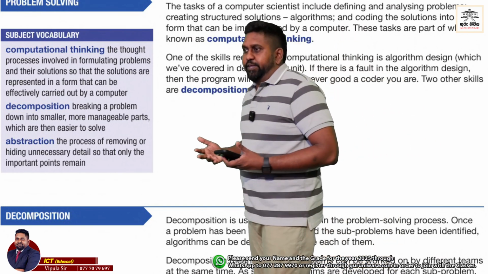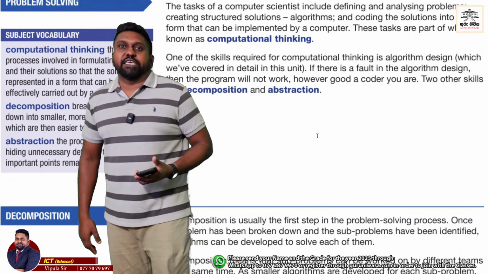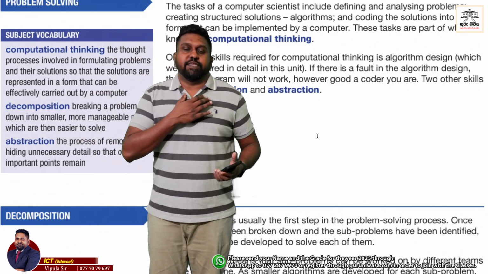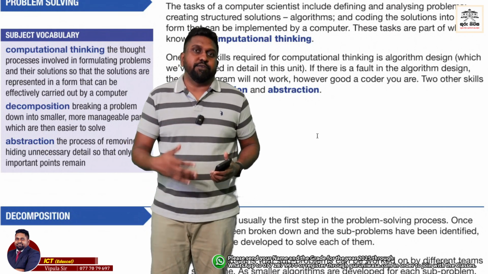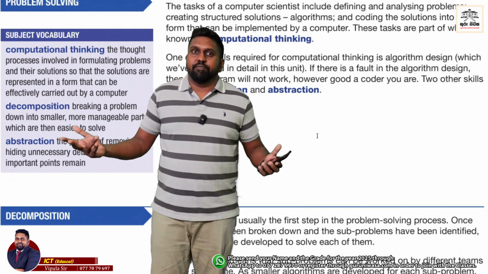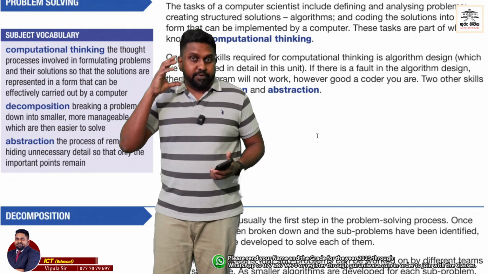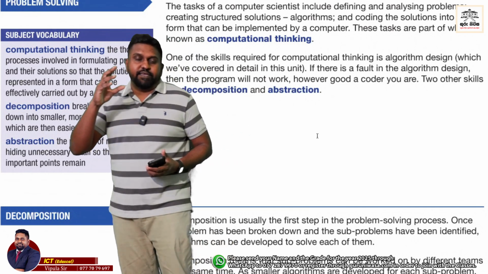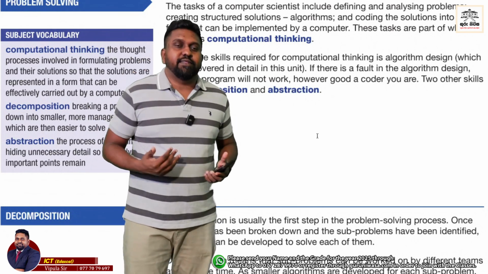Let's take the same example of making a jam sandwich. If you are creating a robot to make a sandwich, it works in a different way, right? Because you have to have a specific mindset and a computational way of thinking to write that set of actions.